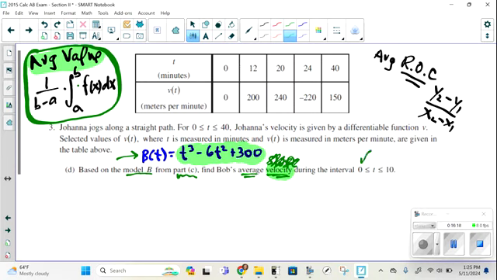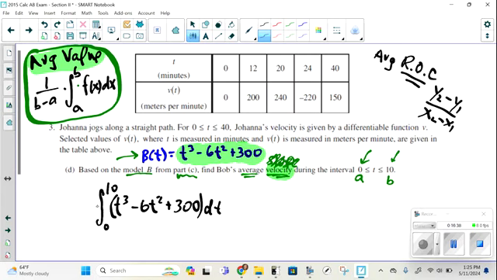And these are now my x1 and x2. These are my bounds. Okay, so let's integrate from 0 to 10 of t cubed minus 6t squared plus 300 dt. And let's not forget, we need to multiply that times 1 over 10 minus 0.